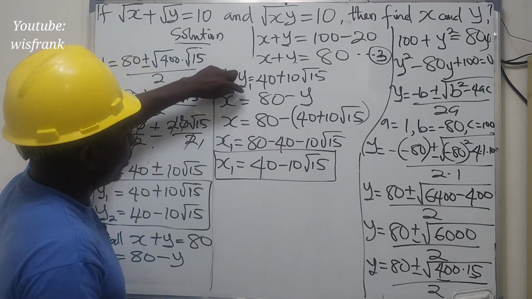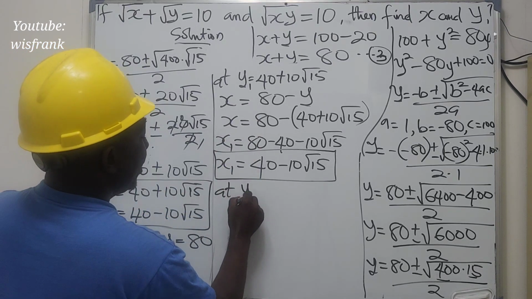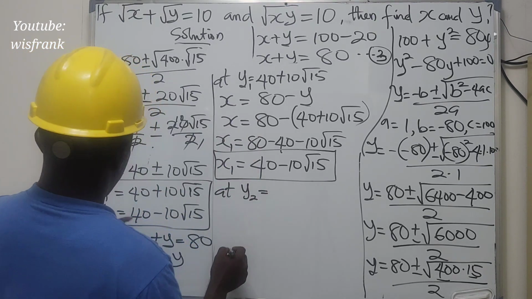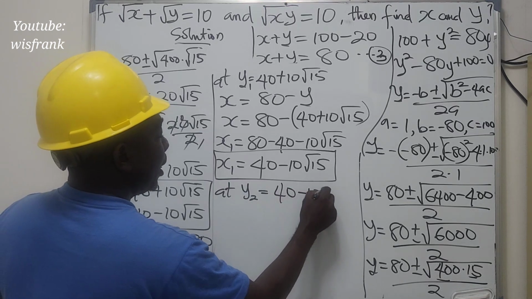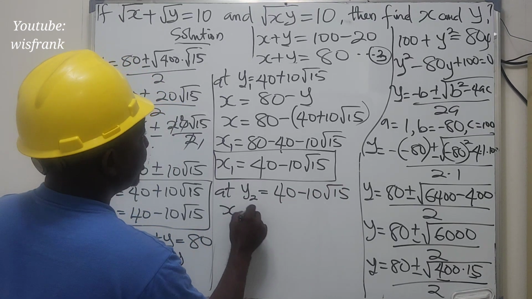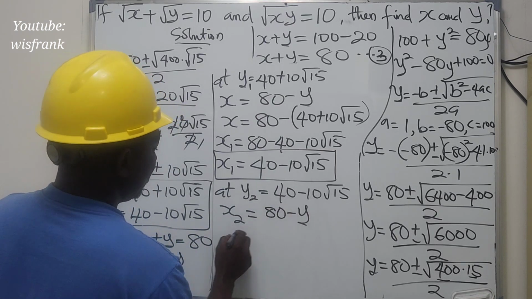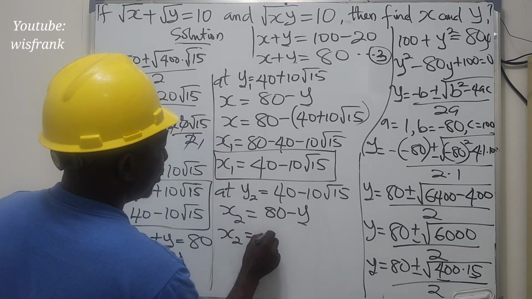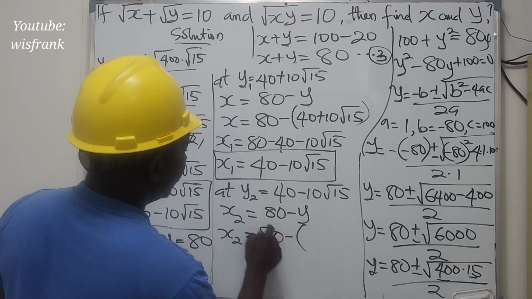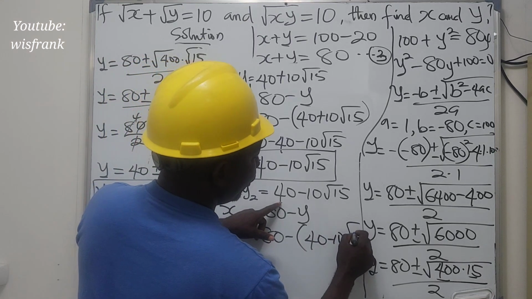So from here we take y2, which is 40 minus 10 root 15, where we have our x2 equals 80 minus y, and our y is this. So we have x2 equals 80 minus, we have y as 40 minus 10 root 15.